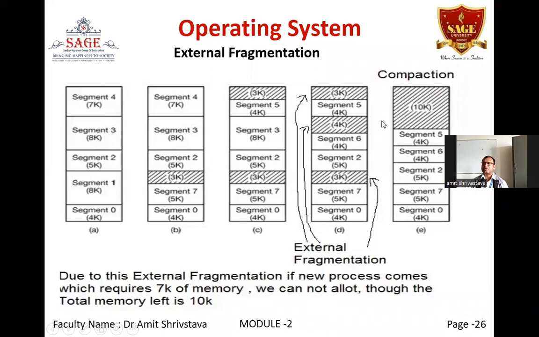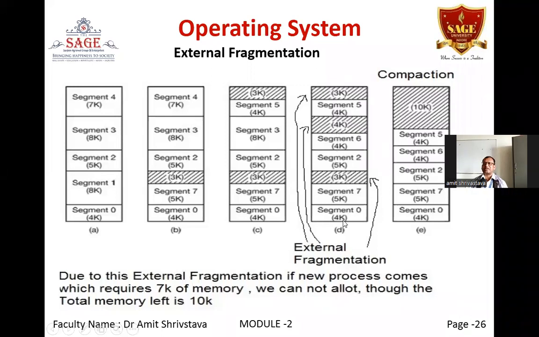So this 10K of space is now contiguously available. If any process of 9K comes, we can accommodate it with the help of this 10K hole. But it was not possible before applying this compaction technique.